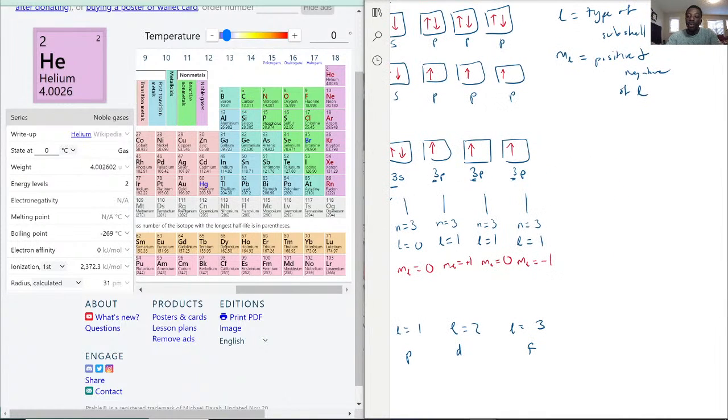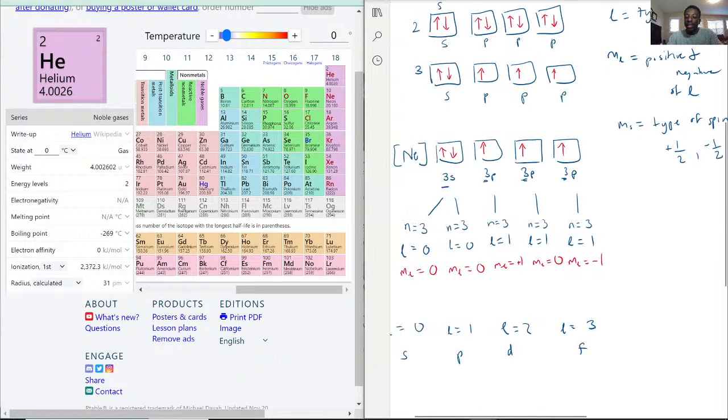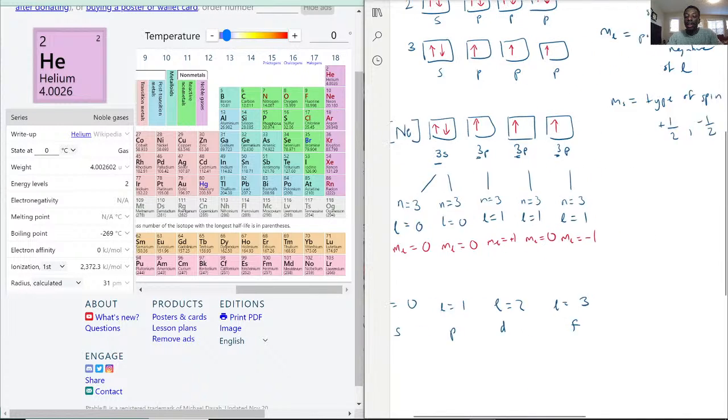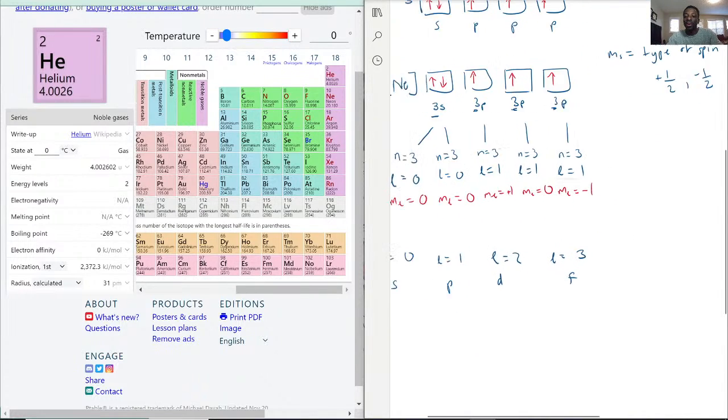And for the last one, ms is just the type of spin, and it can only be represented by positive 1/2 or negative 1/2. Typically we represent the arrows pointing up as positive 1/2 and the arrows pointing down as negative 1/2.